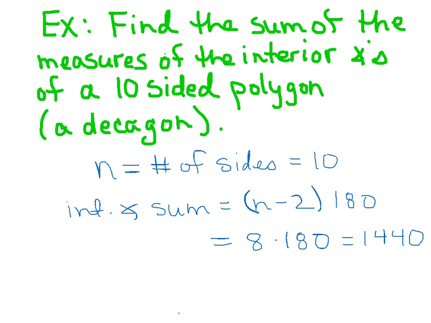Okay, so there are some other examples that come out of some questions that we can ask here, but we'll look at them in a minute. The other thing we need is, what about the exterior angles? So if you recall, in a triangle, the exterior angle is what you get when you extend one side, right?